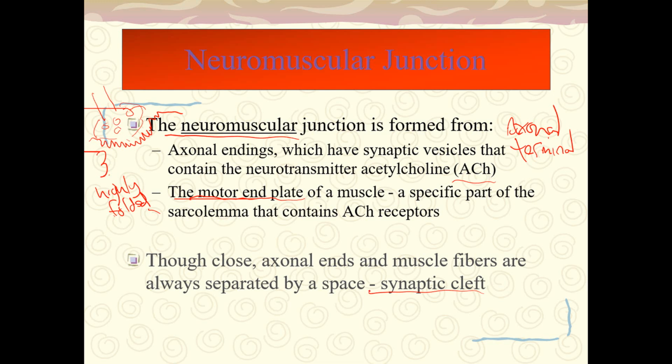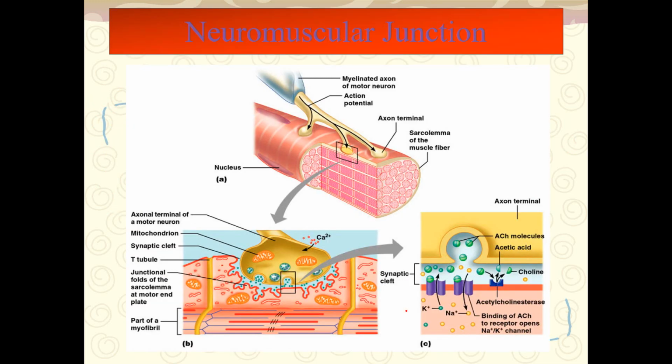So these are the 3 parts: the axonal terminal, the motor end plate, and the synaptic cleft, the space between the two. Here we see the motor end plate. It's highly folded, which increases the surface area, so we can put more of those receptors for acetylcholine.